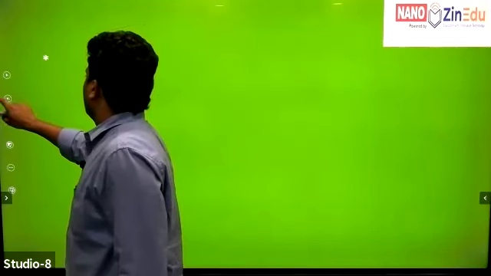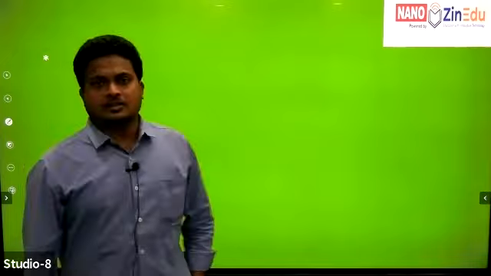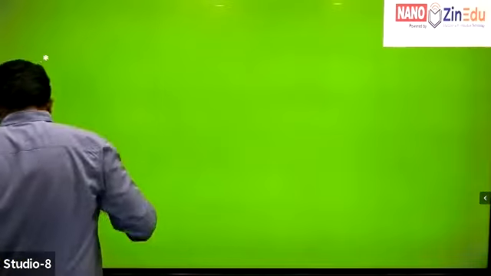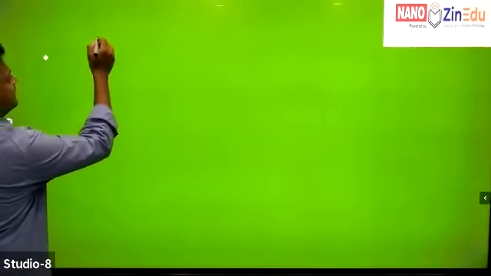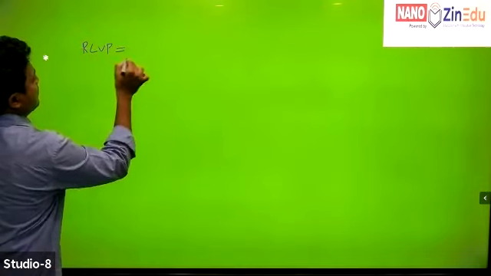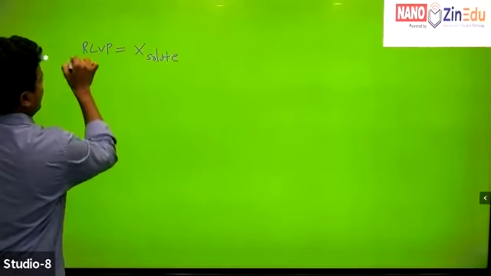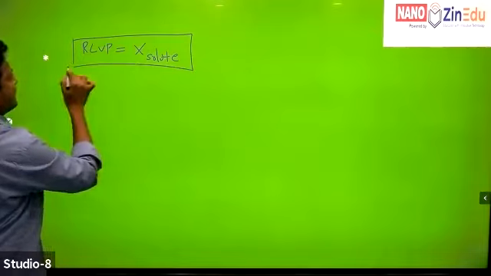Now, according to Raoult's law, RLVP is equal to the mole fraction of solute. Here we are discussing only important terms.